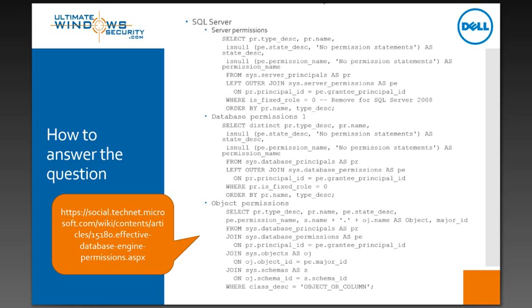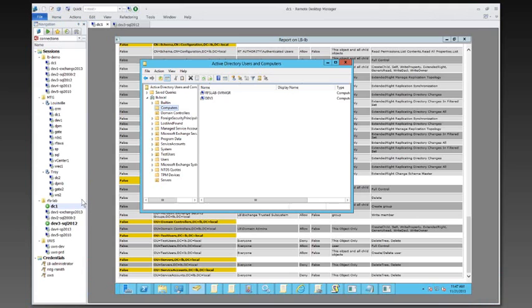And this is going to dump out all of the explicitly defined permissions at the server level, at the database level, and then at the object level. And we get some really nice output with that. I just want to show you real quick what it looks like because I was pretty happy with it.